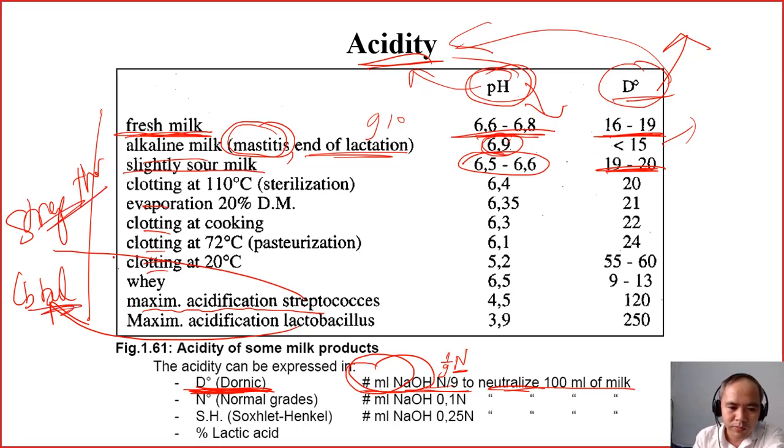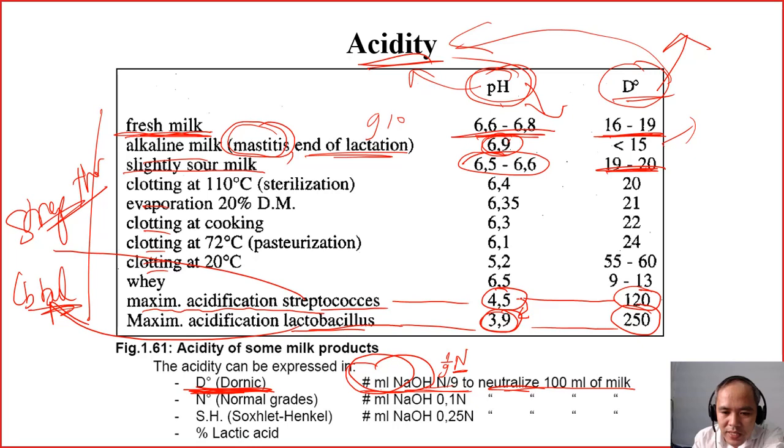Here it tells us which strains can produce more organic acid. Lactobacillus can reduce the pH maximally to 3.9, the other one to 4.5. And 4.5 means the Dornic degree is 120, while 3.9 is Dornic degree 250.